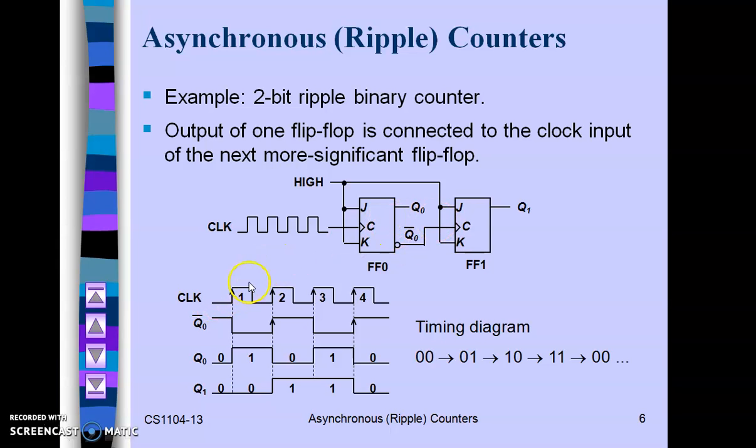So here the positive triggered clock is provided. We'll see what exactly the outputs of Q0 and Q1 are. Very initially, Q0 is 0 and Q1 is 0, because initially both are not set. So that's why the output of Q0 and Q1 is 0 0.